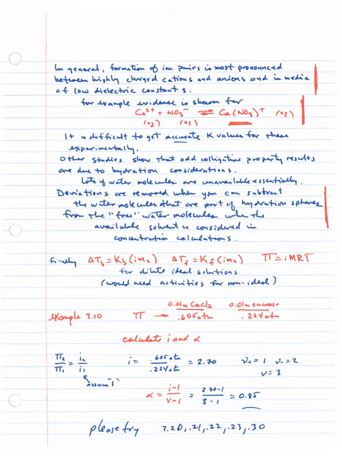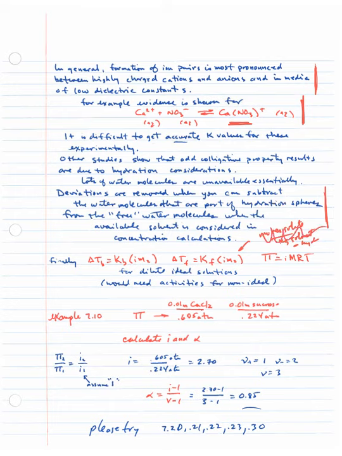Remember, like in a freezing point determination, the molality is the moles of the solute over the kilograms of solvent. What we're saying here is that if you subtract out the mass of anything due to hydration from the kilograms of solvent, you can get a better value for m.